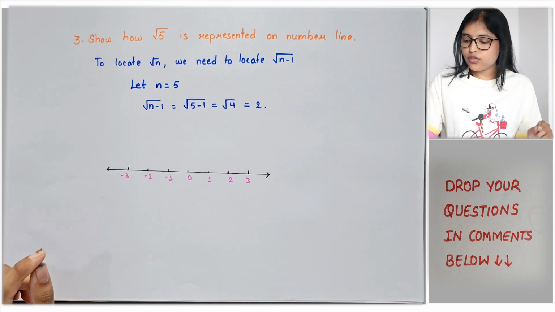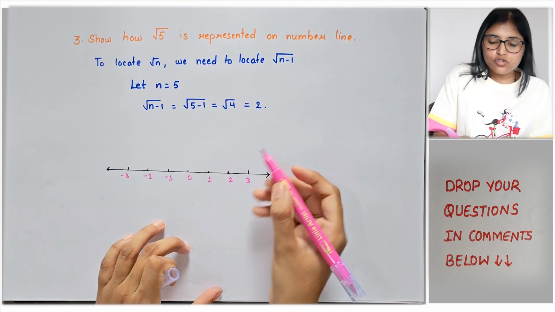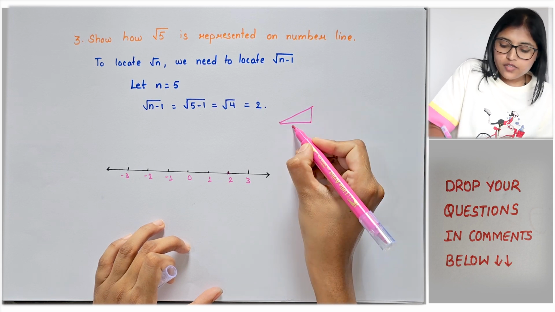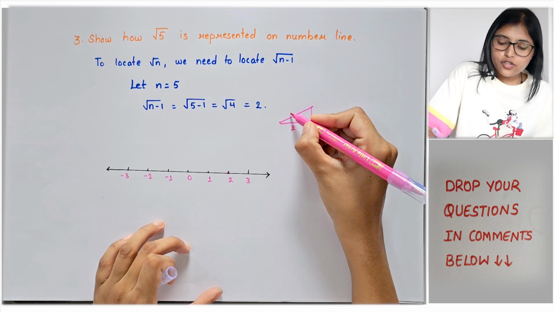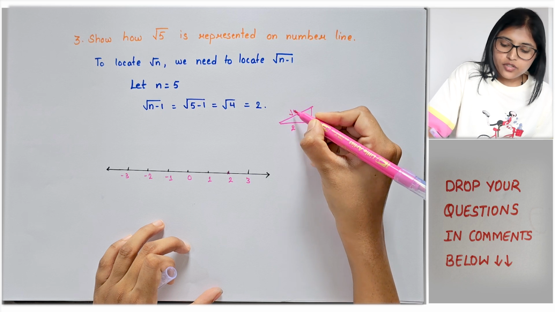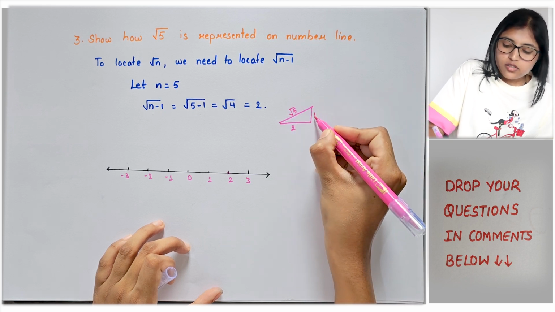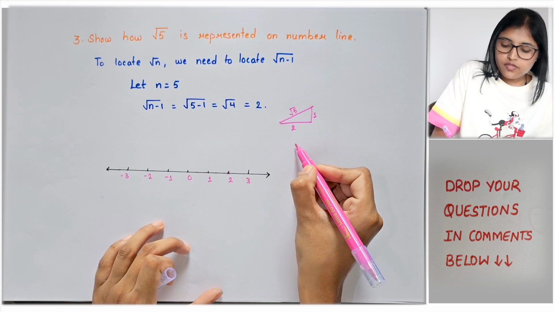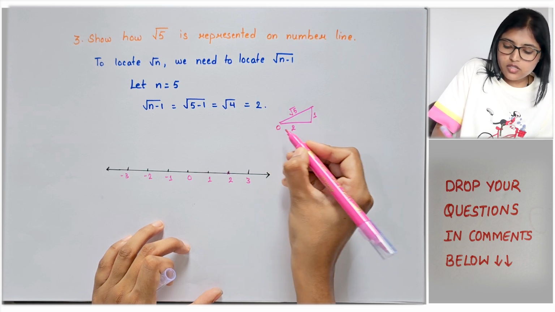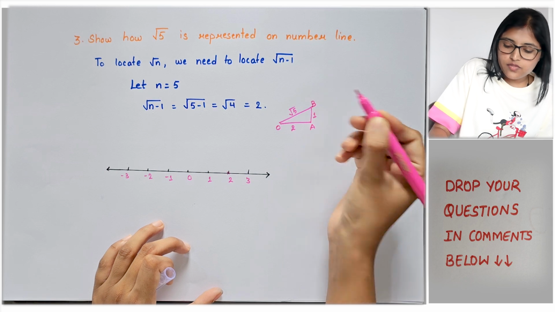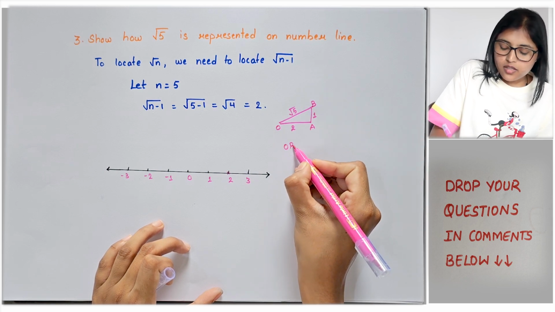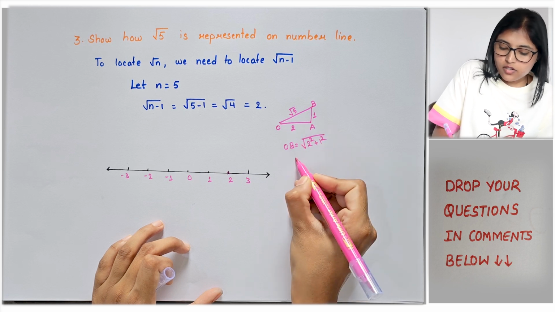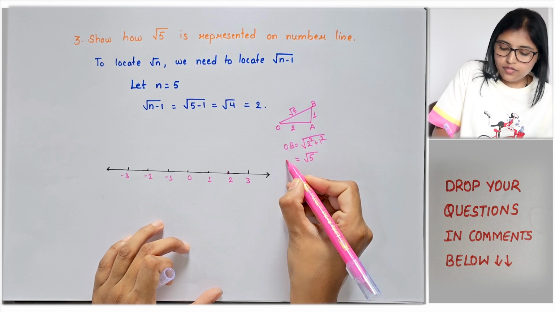Once we have located 2, the next step is to draw a right angle triangle. So if this value is 2, in order to find the hypotenuse, which is root 5, this should be 1 unit. According to Pythagoras theorem, we can say, for example, if this is OAB, as we have seen earlier, OB will be equal to root 2 square plus 1 square, which will give us root 5, right?